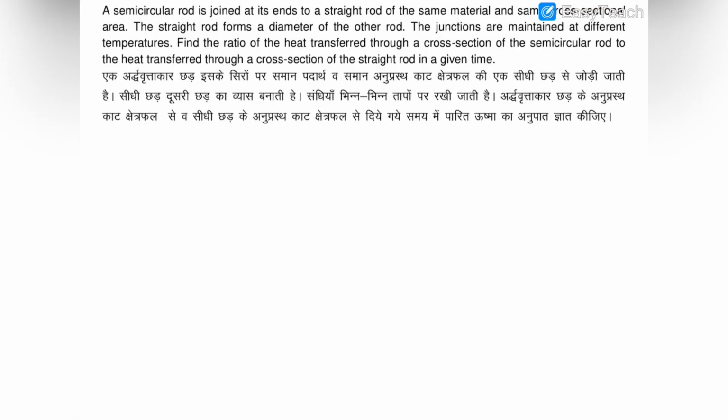In this question, you can see that there is a semicircular rod which is joined end to end with a straight rod of the same area of cross section and the same material.